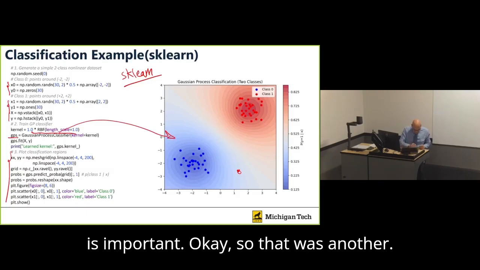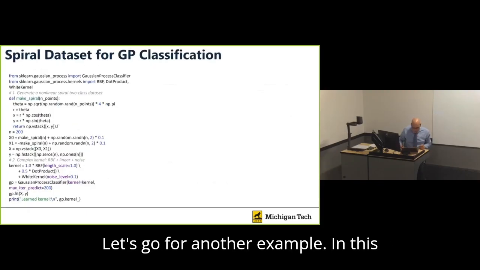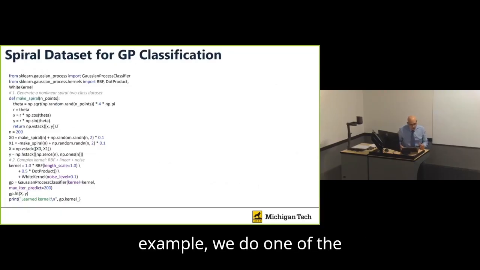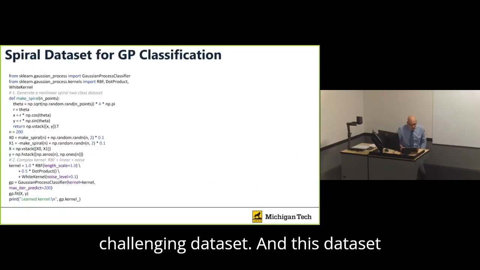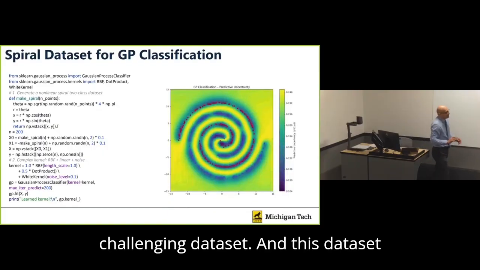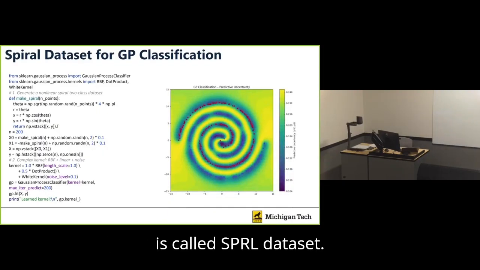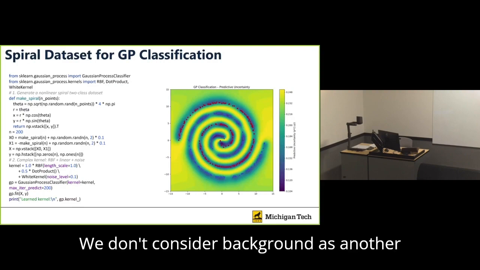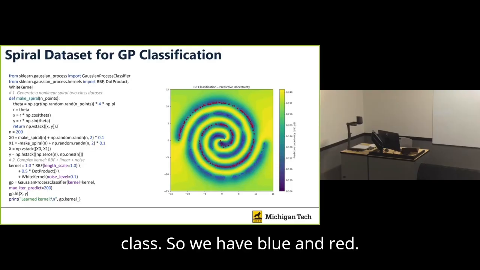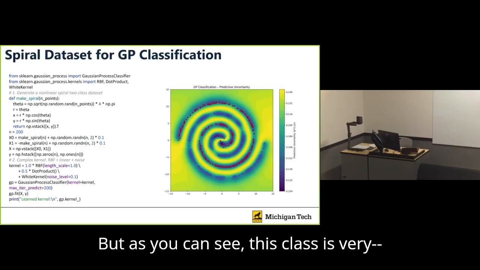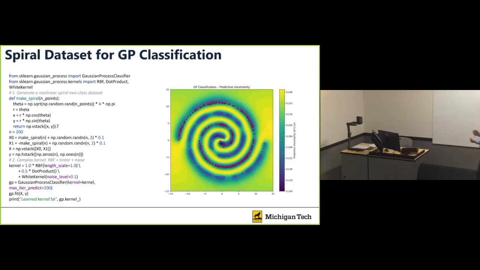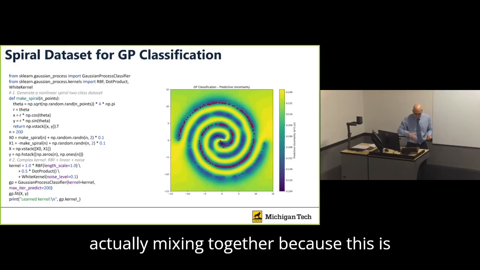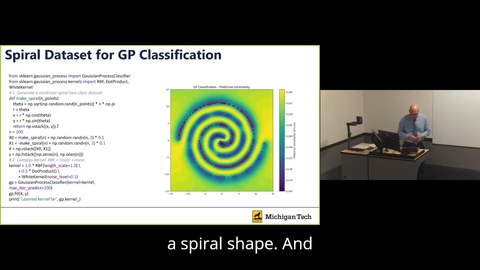Okay, so that was one example, let's go for another. In this example, we do one of the challenging datasets, called the spiral dataset. It has just two classes. We don't consider background as another class. So we have blue and red, but as you can see, these classes are mixing together because it's a spiral shape.